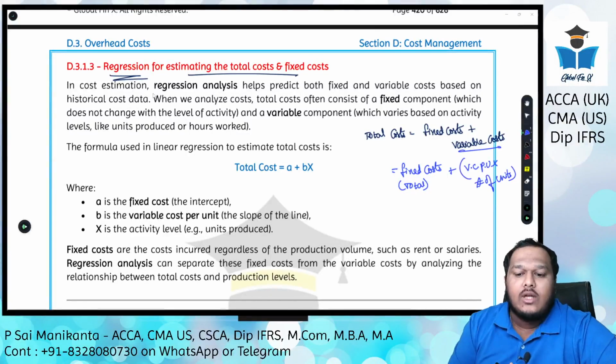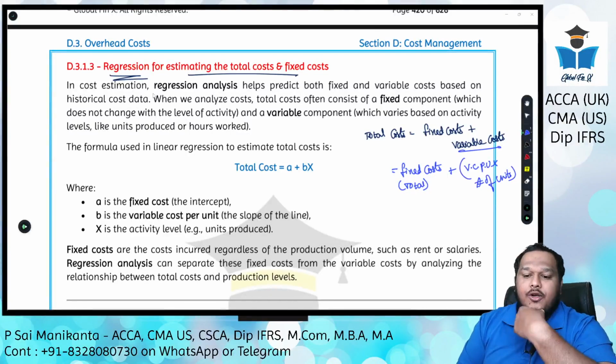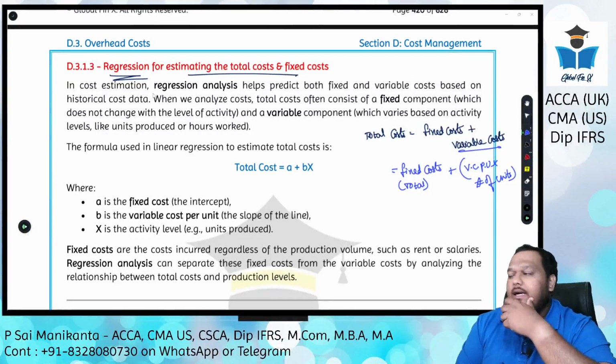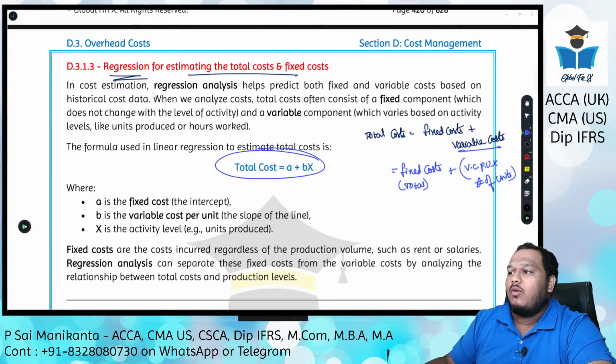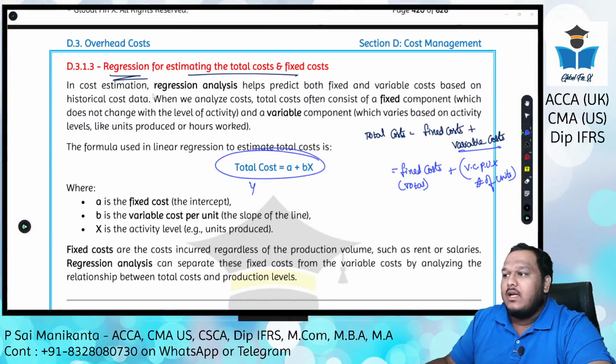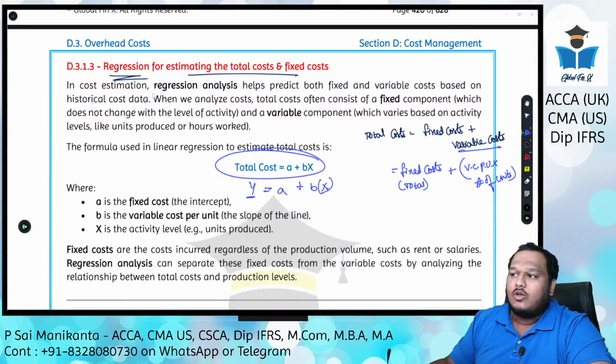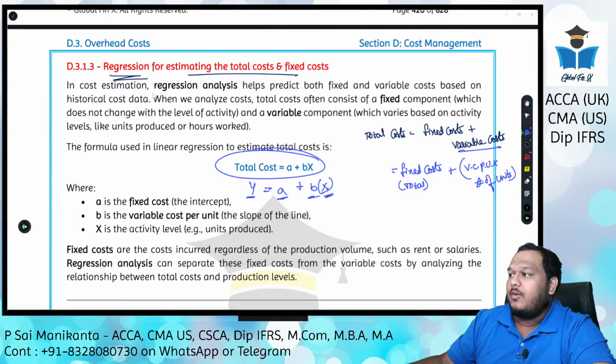Sir, how do you get total variable overheads? Variable cost per unit into number of units, right? So that is this formula, y is equal to a plus bx. Y is the total cost, a is the fixed cost, b is the variable cost per unit, x is the number of units. So total cost is equal to fixed cost plus variable cost per unit into number of units.